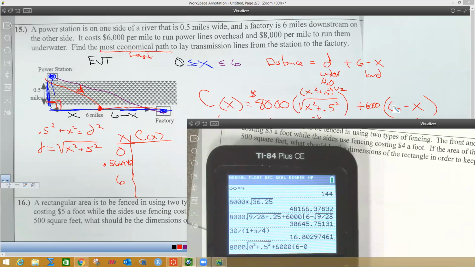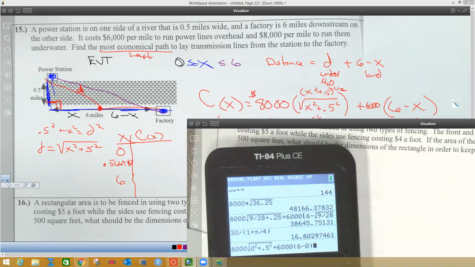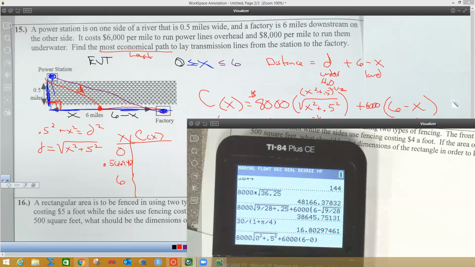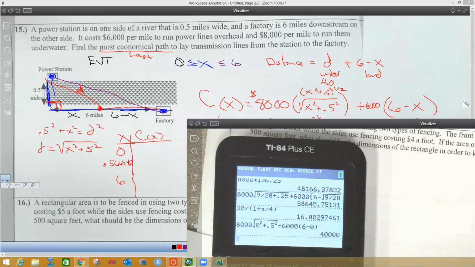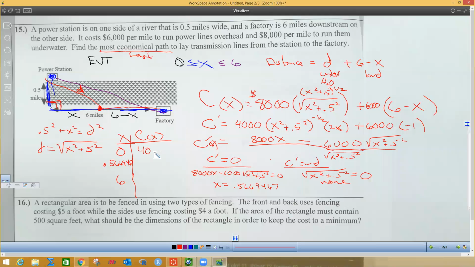Now you're probably saying, why are you putting zeros in there? I'm going to show you in a minute. I'm going to be able to plug the other numbers in there without doing anything else. So I'm going to hit enter here. If I go straight across the river and down, that's going to cost me $40,000 to go that route.